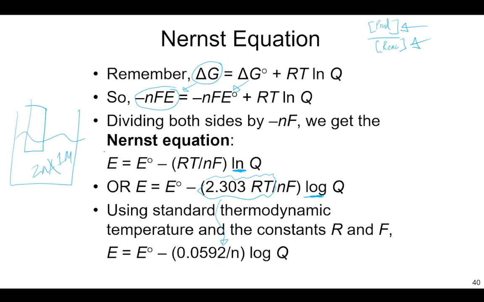Okay, I mainly stick to this first one because I like to keep track of all the units and just plug in R and T and n and F myself and work with the natural log. Okay, but any of them should do, assuming your temperature is 298. If it's not, make sure you're using one of these two top ones where the temperature is explicitly stated. Okay, that's why I recommend this first one.